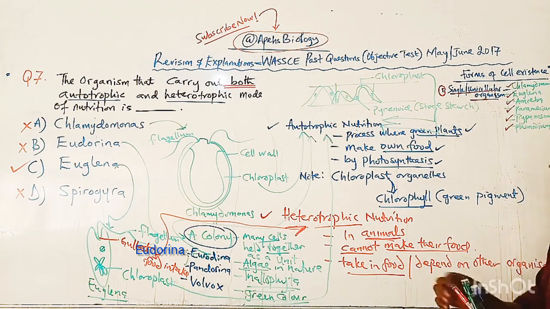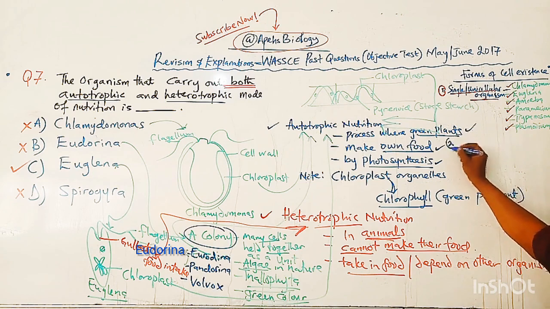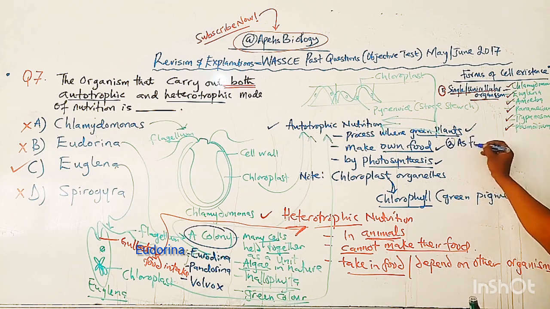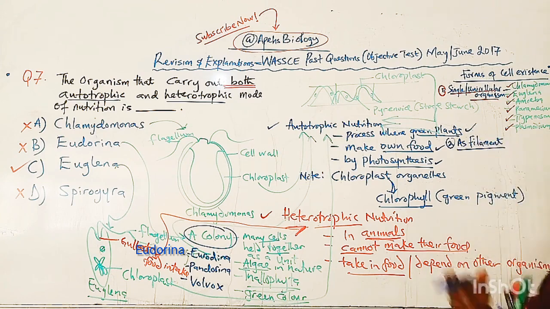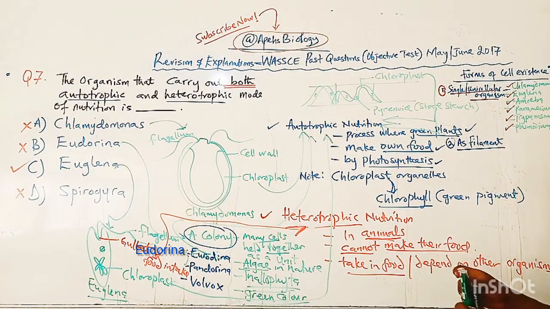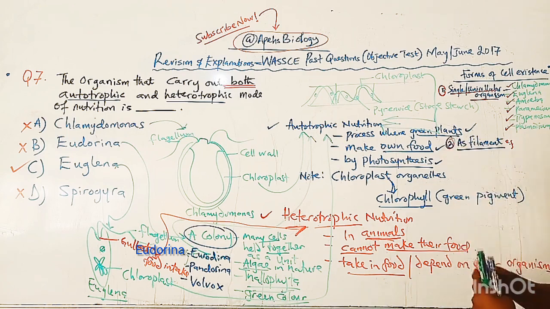Now, the second thing we are going to unleash from understanding this question is number 2, and that will be as filament. There are cells that exist as filaments. They are like threads. Filaments are things that look like threads. In this instance, our filament is no other than our example here given as Spirogyra.